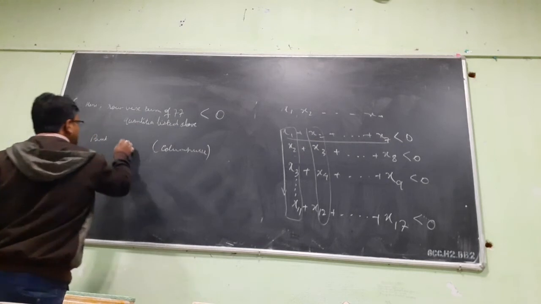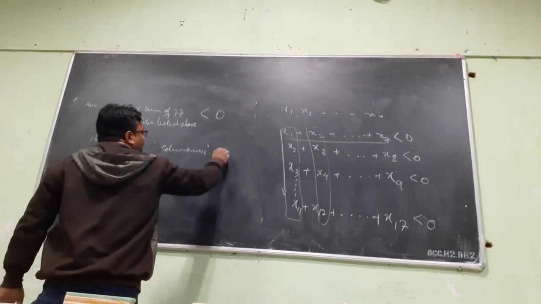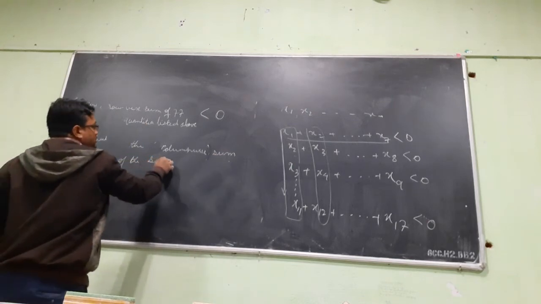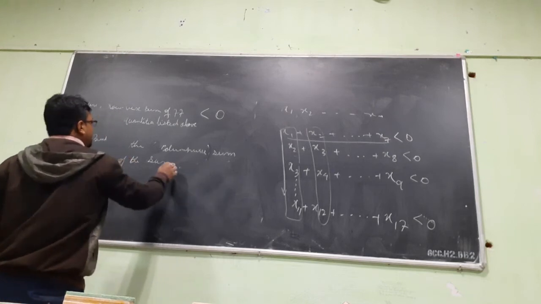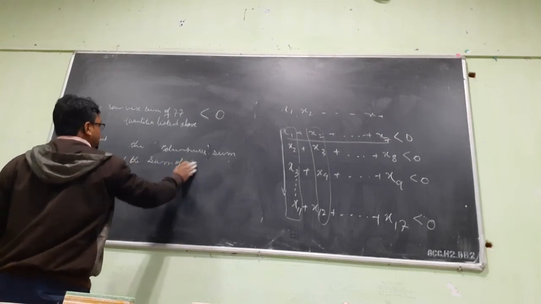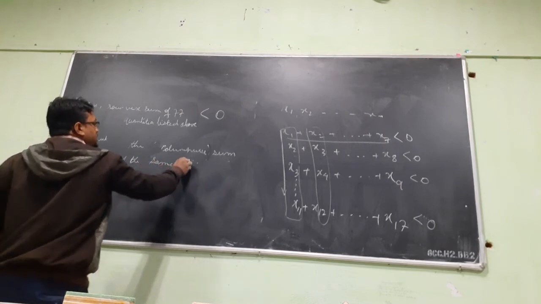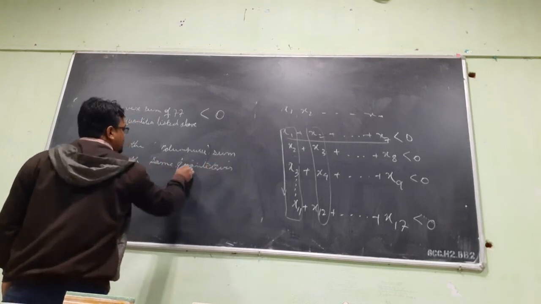But the column wise sum of the same quantities, if we add column wise, the sum of the same numbers is greater than 0.